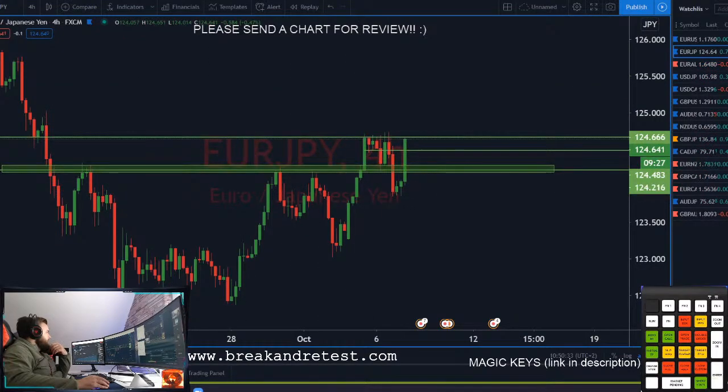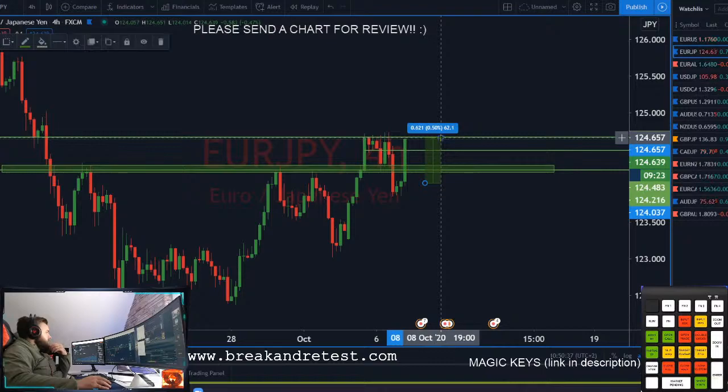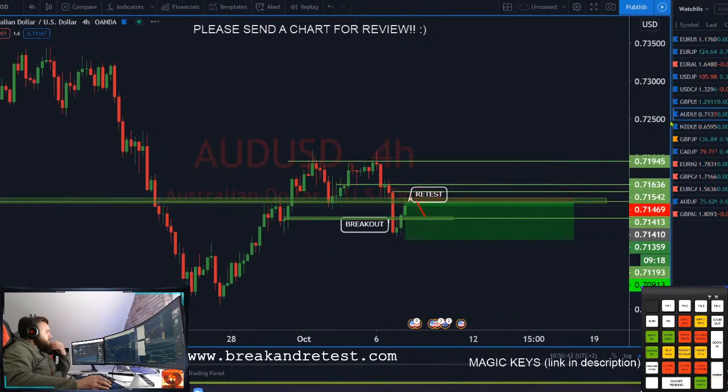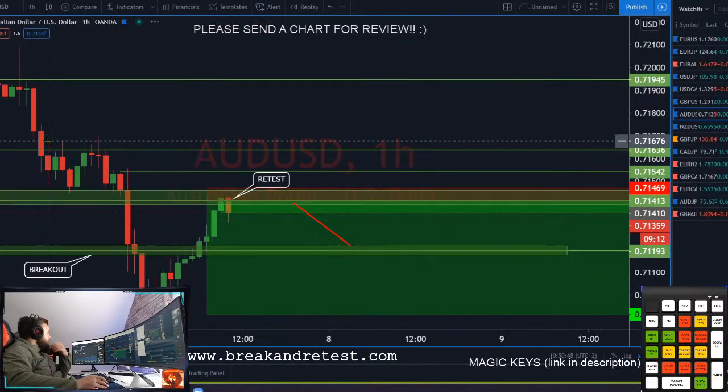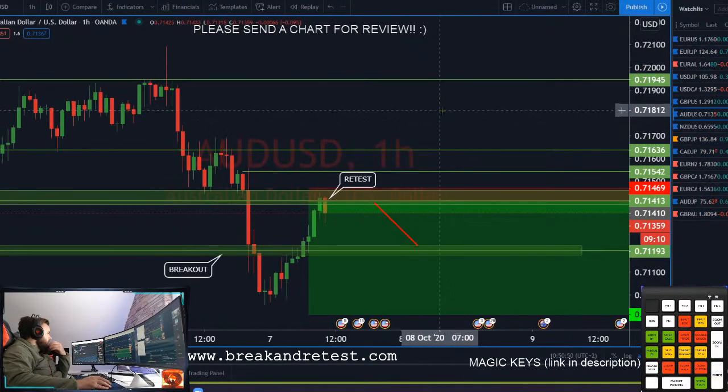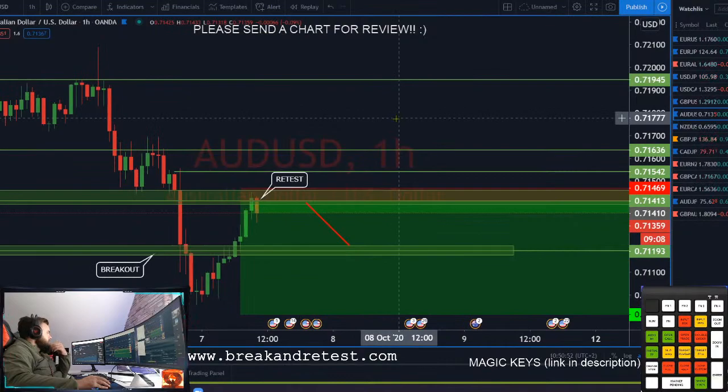That would be crazy. Look at this move. We got 10 minutes left for the 4 hour to close, a 60 pips push. So far it's below, but we never know. We'll see, we'll see.